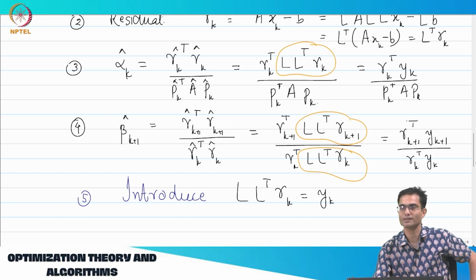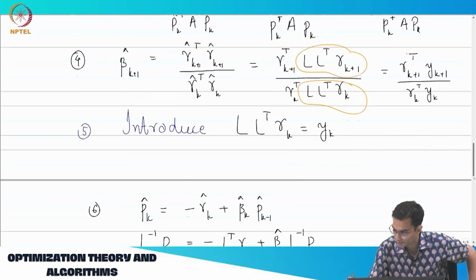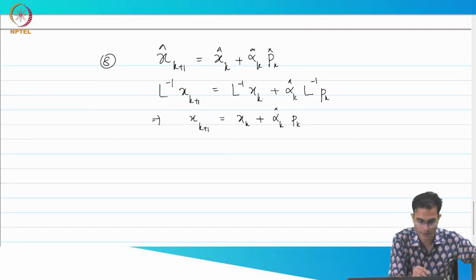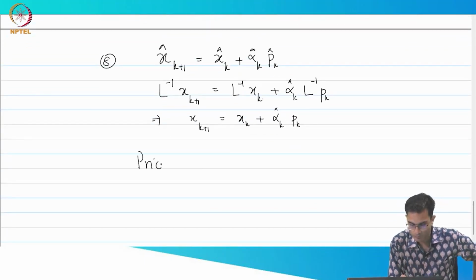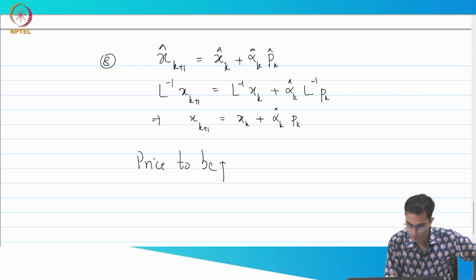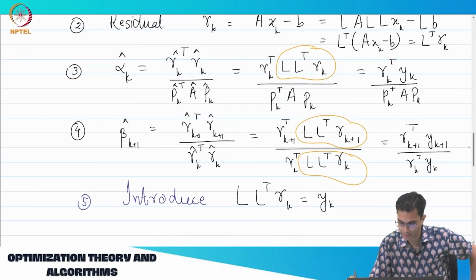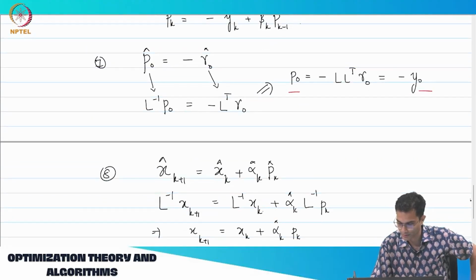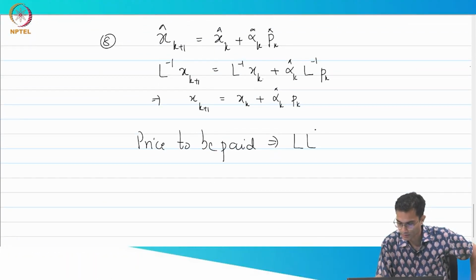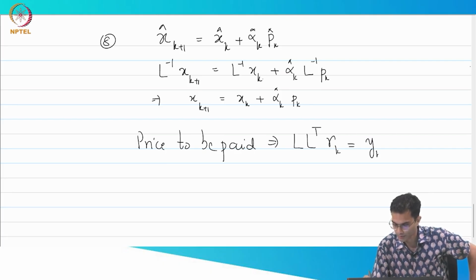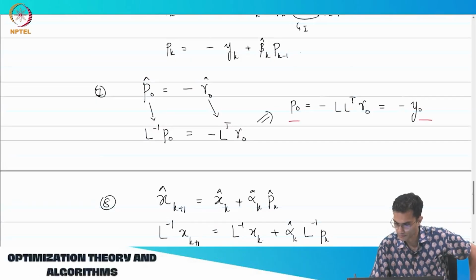The price that I am paying is you need to compute this guy, that is, L L transpose rk equal to yk.